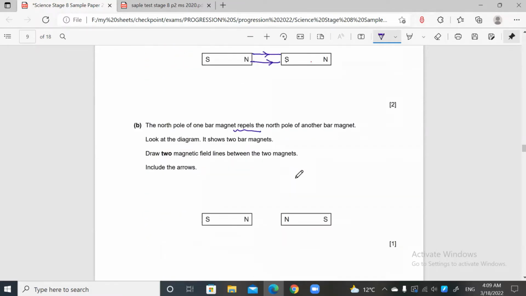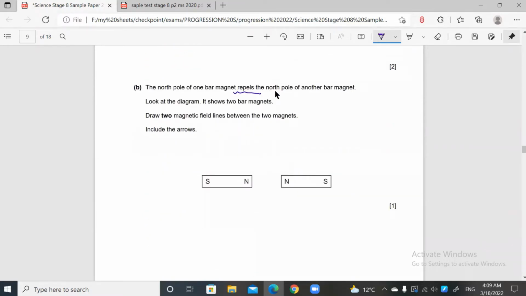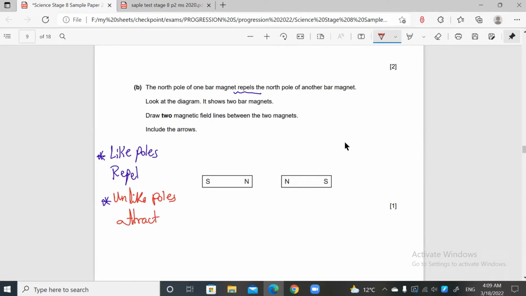While in repulsion, when you approach two like poles, the like poles will repel each other, while unlike poles will attract each other.